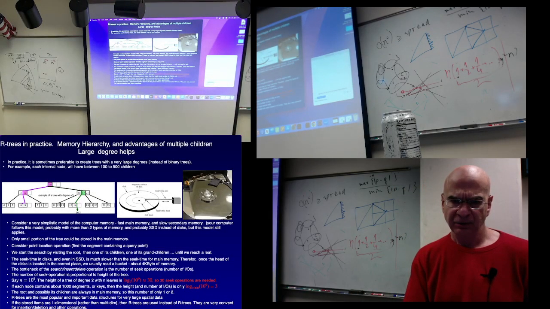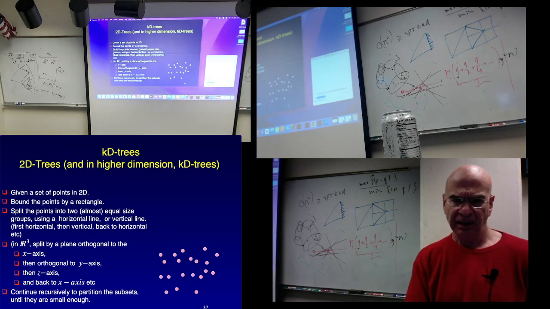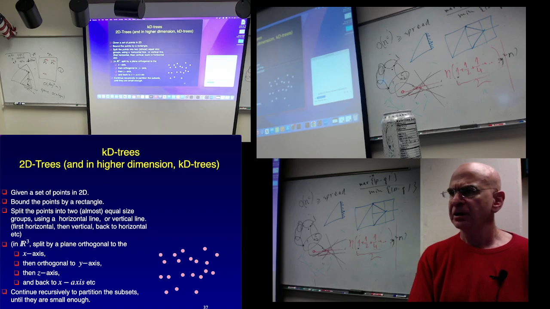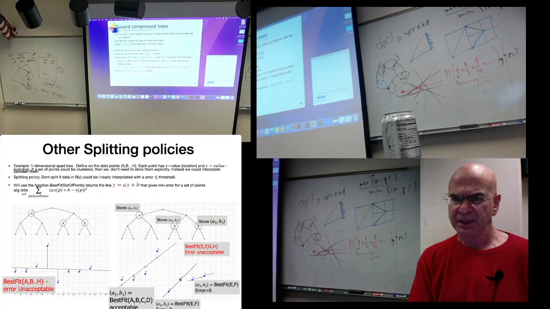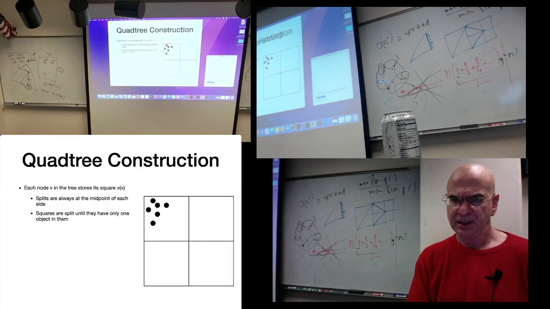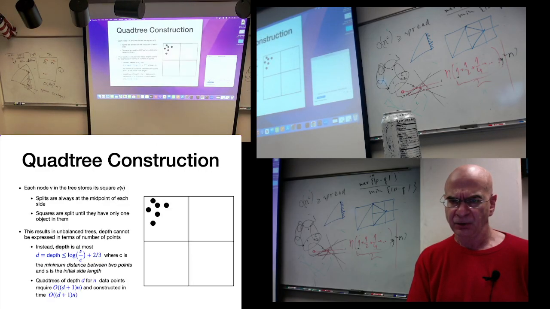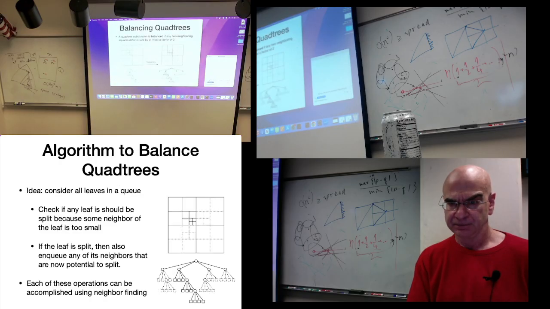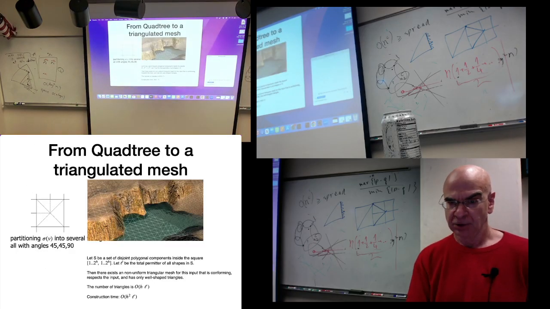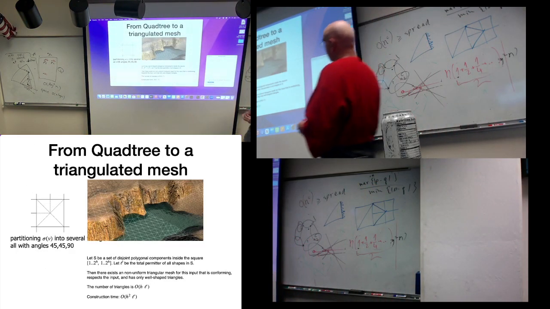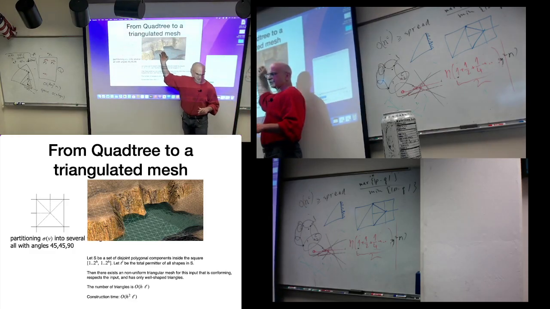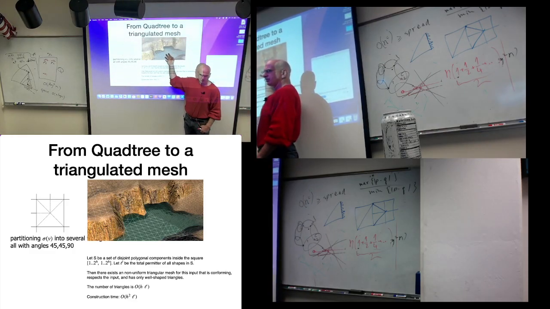What I was mentioning, I don't have a slide for it now, is that in graphics applications of the quad tree, it's not in the material, just trivia, but important trivia.